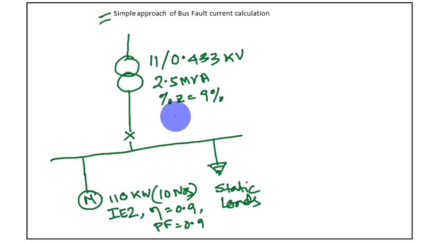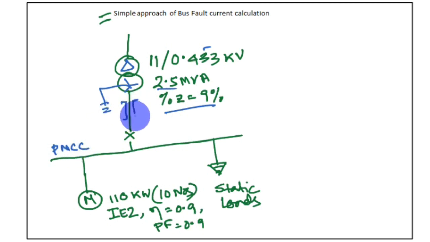Suppose we have a system like this. This is an LT transformer, a delta star transformer, 11 by 433 volt, 2.5 MVA rated, and percentage impedance is 9%. From this a PNCC is connected via a bus duct, and from this switchboard 10 IE2 motors of 110 kilowatt are getting fed, and the balance loads are static loads.